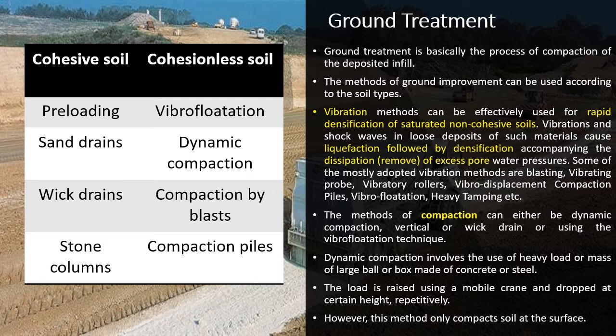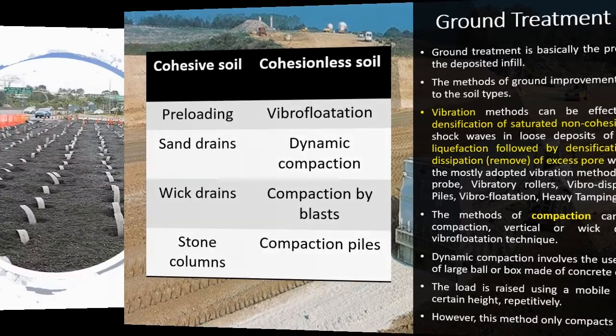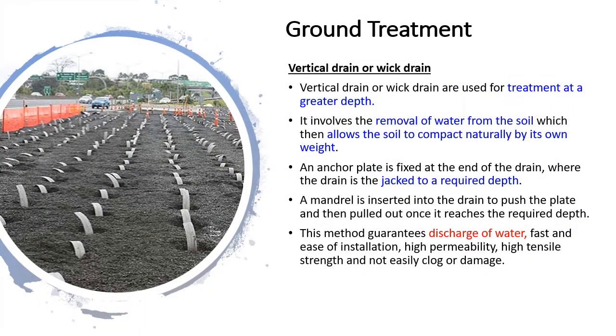The method of compaction can either be dynamic compaction, vertical or weak drain, or using the vibro flotation technique depending on the ground condition. In the vicinity of the deep slip surface, vertical bored sand or gravel-filled drains, known sometimes as sandwicks, can be used to drain perched permeable stratum.